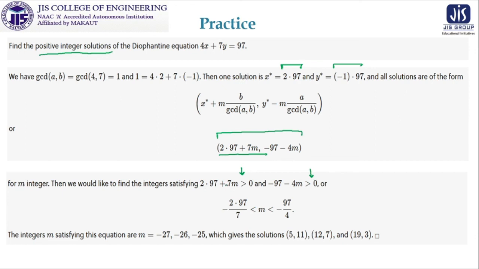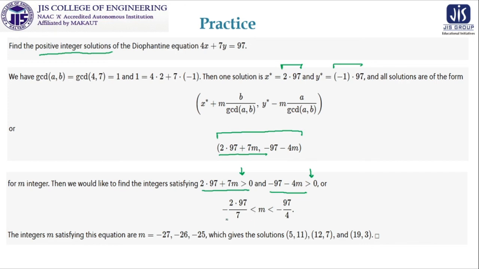If 2 into 97 plus 7m is greater than 0 and minus 97 minus 4m is greater than 0, from this, can I write that minus 4m will go there, then minus 97 will be here, then this minus 4 will come here. You can get this particular line from this part, and similarly from this part you can get this particular line.